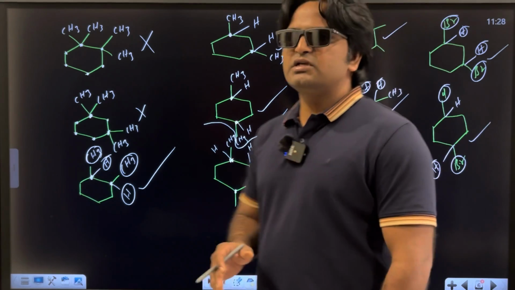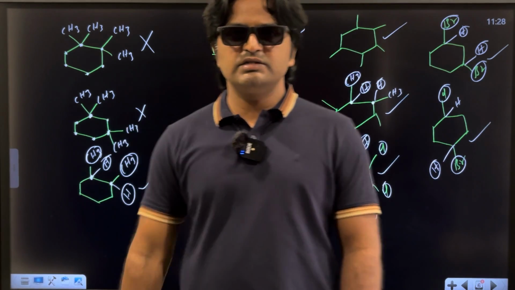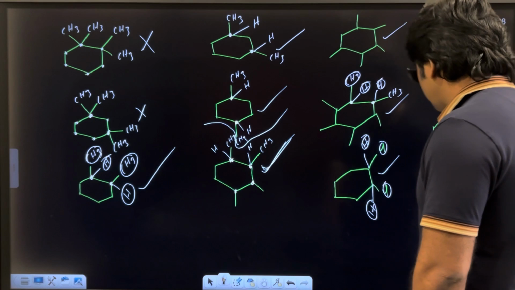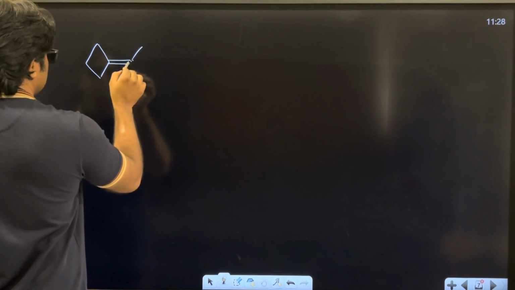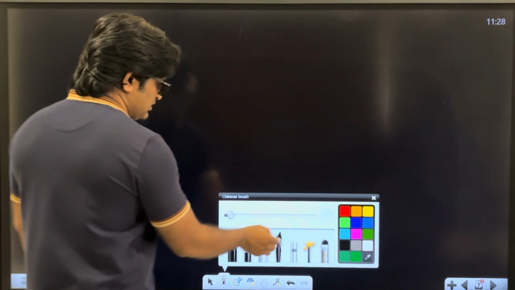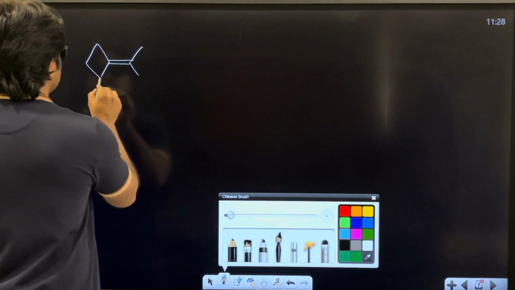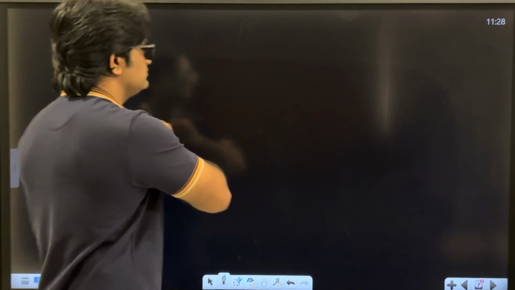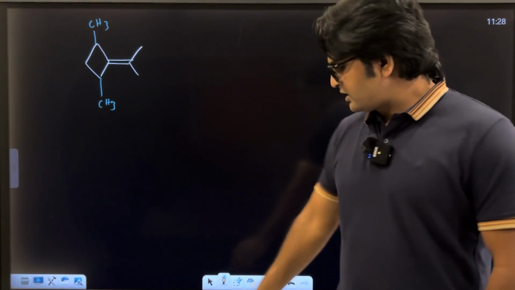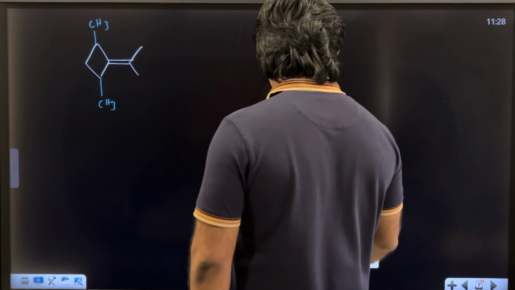Sometimes they are giving a combination of cyclic as well as double bonded systems. How to identify geometrical isomerism in such types of compounds? For example, here let this type of molecule be given, okay, and here substitution like methyl and methyl. Is geometrical isomerism possible or not? And one more molecule I am giving.